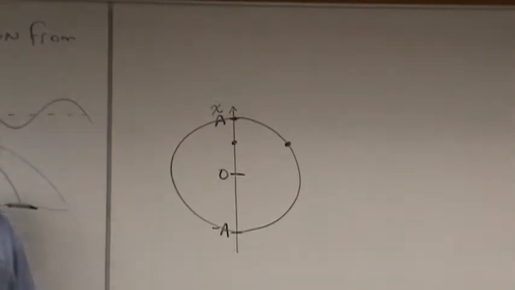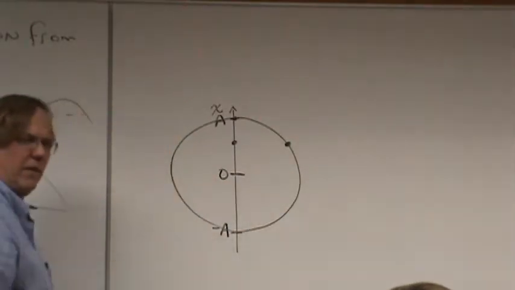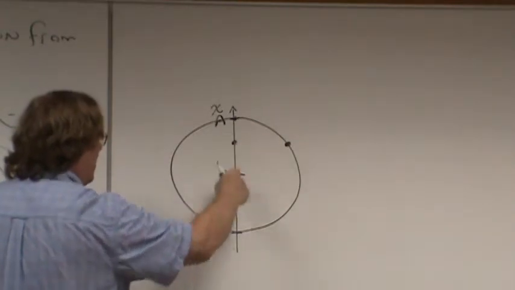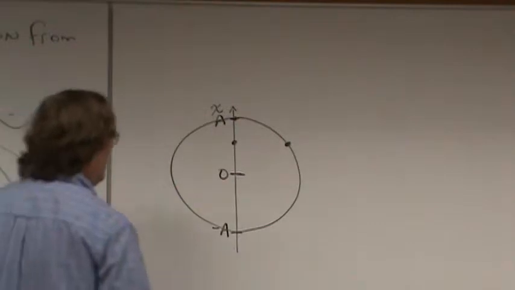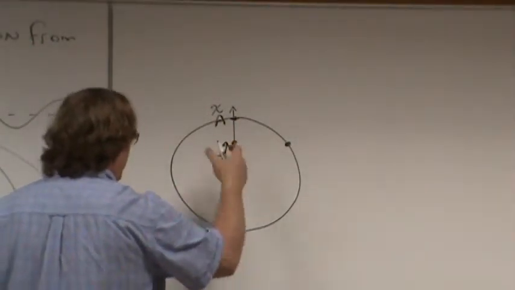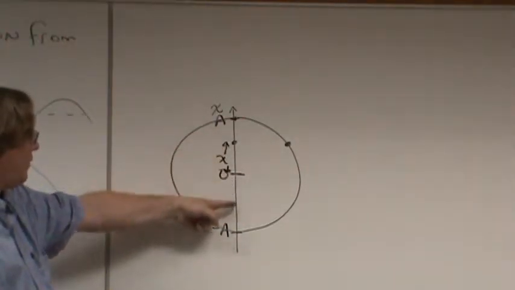I am now going to make a mathematical relationship between this point on the circle, the red dot in that video you saw, going round and round, and my spring mass system going up and down. This distance from here to here is its position at any time, the distance from equilibrium.